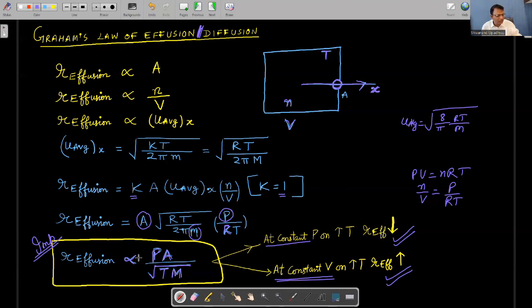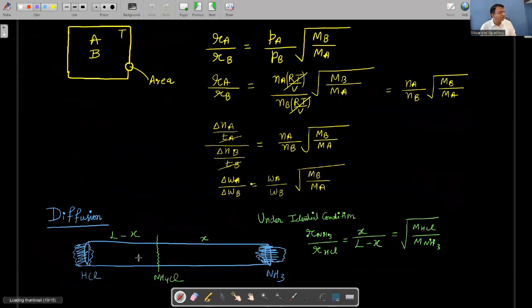Now the most common question asked about rate of effusion is: in the same container, 2 gases, A and B, are there. This concept is asked because in order to separate uranium 235 and uranium 238, in a nuclear reactor we need uranium 235, and in nature uranium 235 is very small, so we convert uranium into uranium hexafluoride.